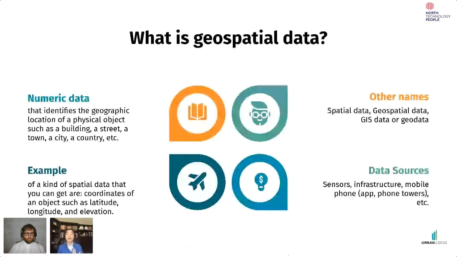Some of the sources of those data come from sensors. Normally when you think of sensors, you think of, for example, sensors that they put in crops to collect information about the crops, or about the rain, like the water level.